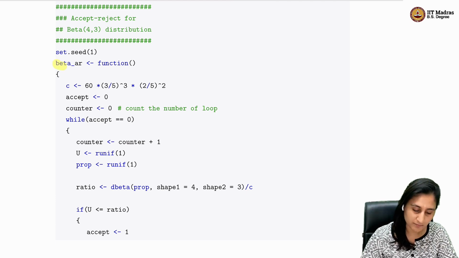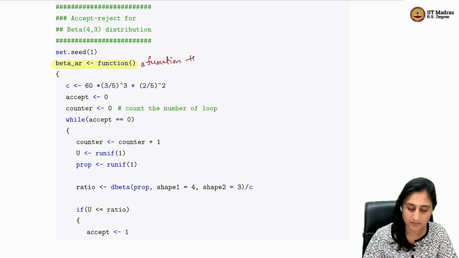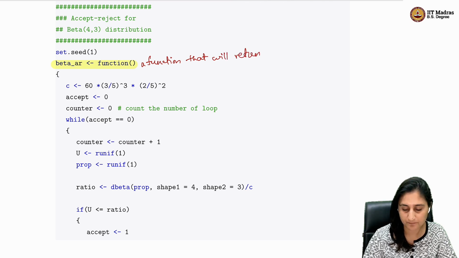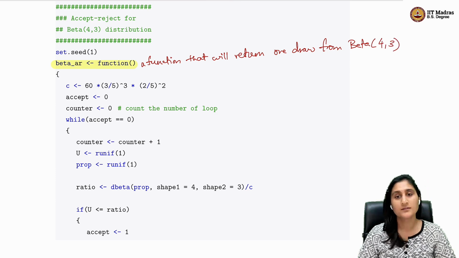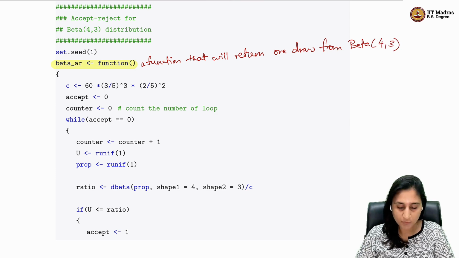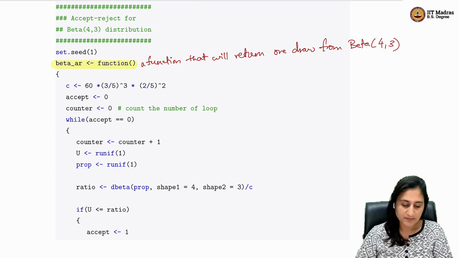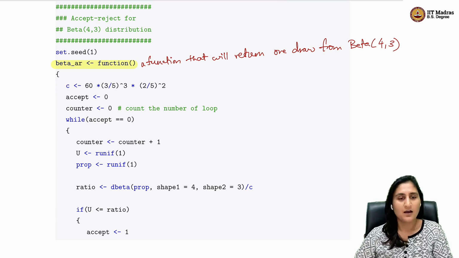So here, beta AR is a function that will return one draw from beta 4, 3. This is the idea. Okay. So now C is equal to the constant that I have just determined.